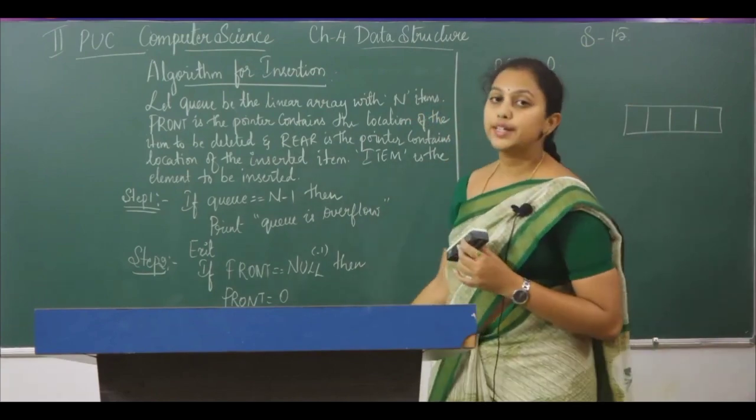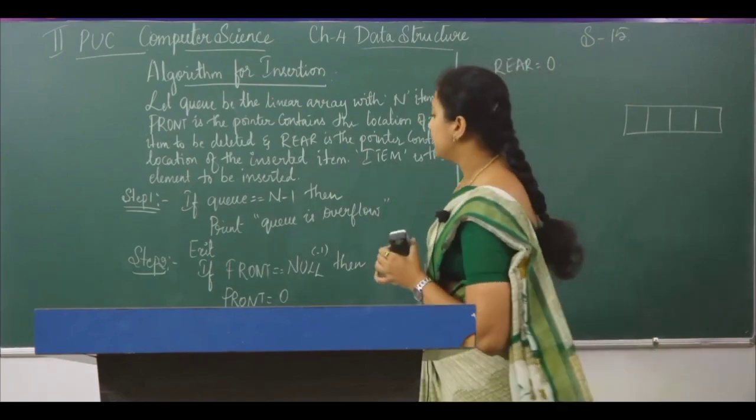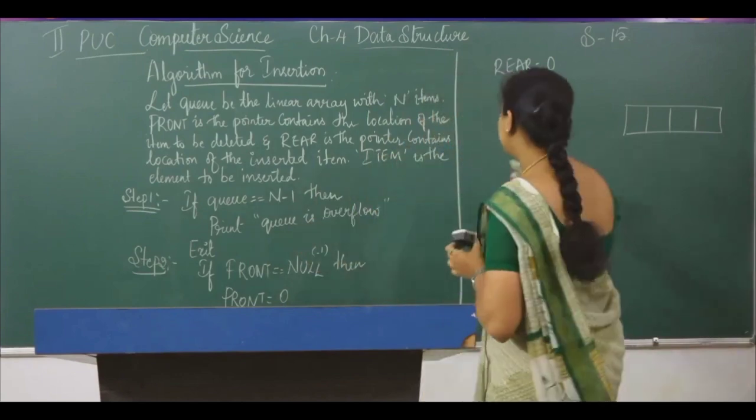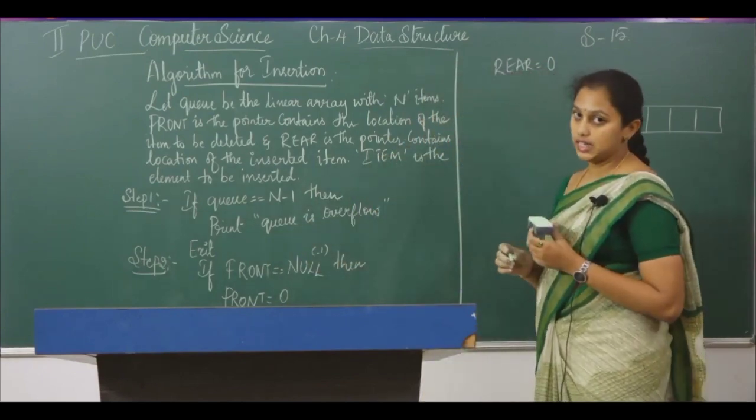So if the queue is empty, then the pointers front and rear are equal to 0.